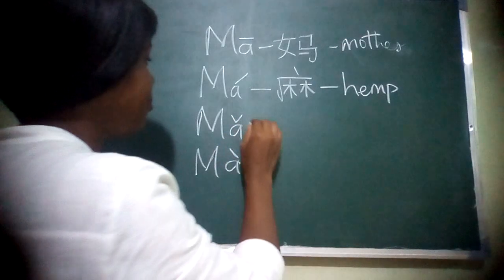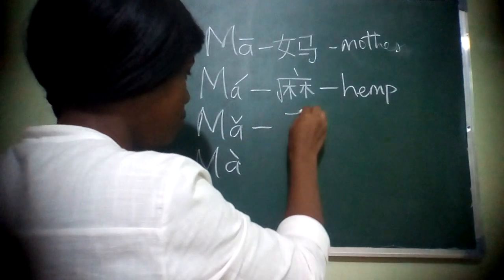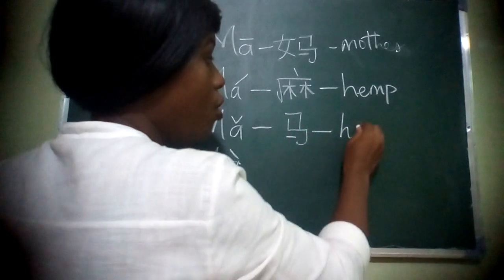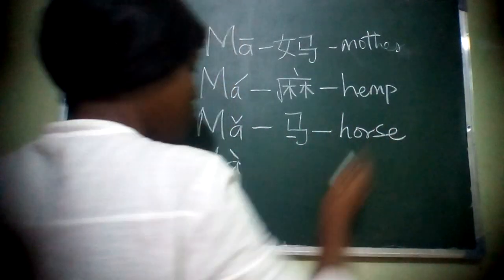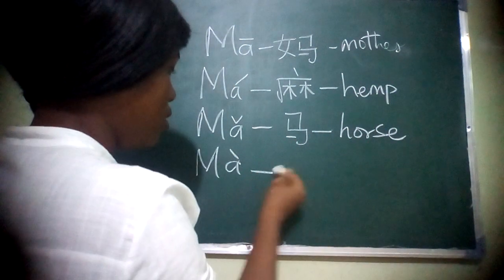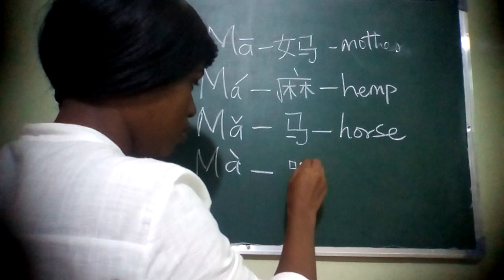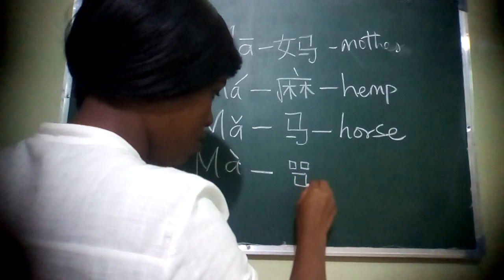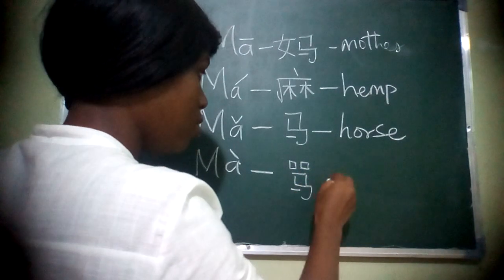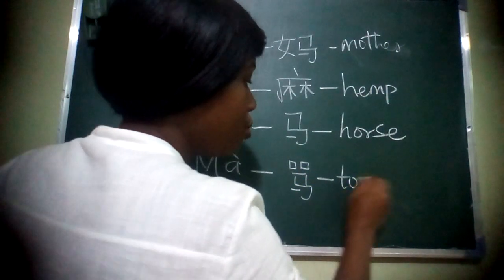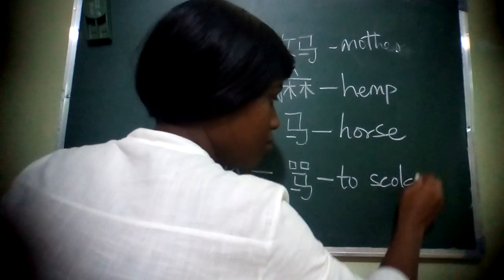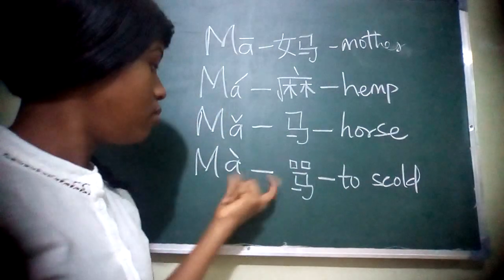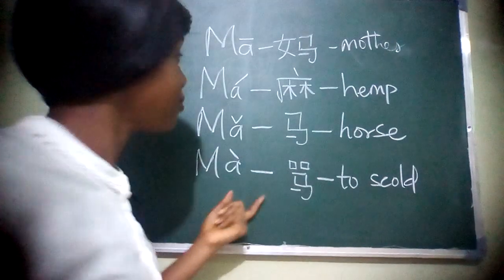Then this ma stands for horse, and this stands for to scold. Like when your mother is scolding you, why did you do this? That's when you say this ma.